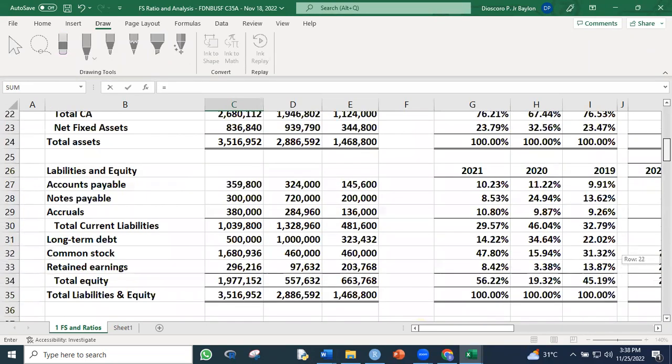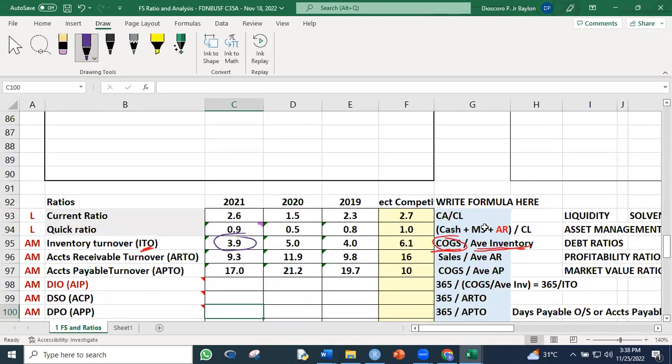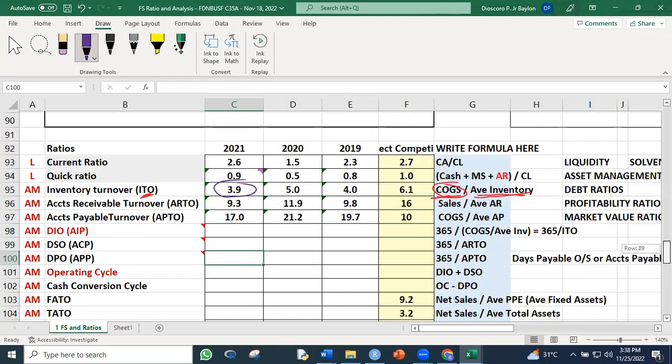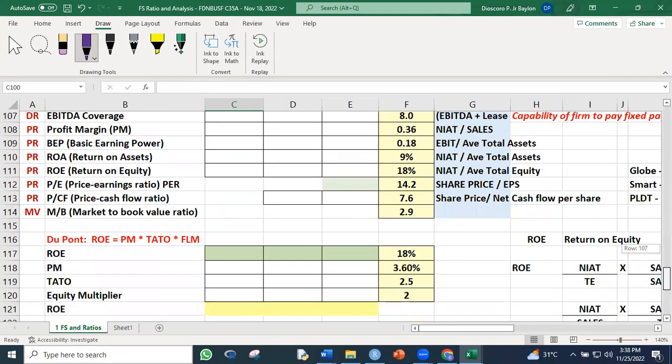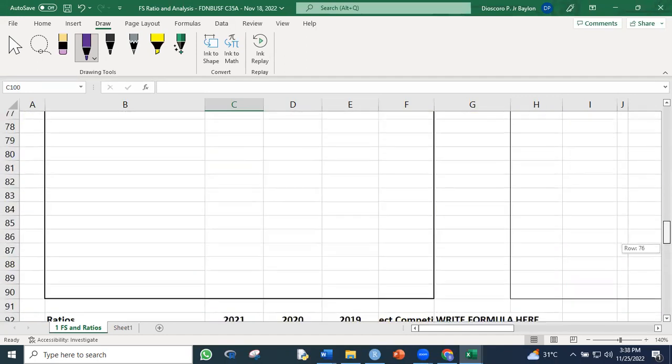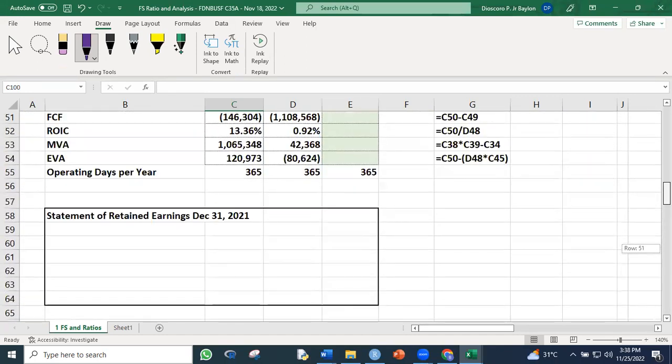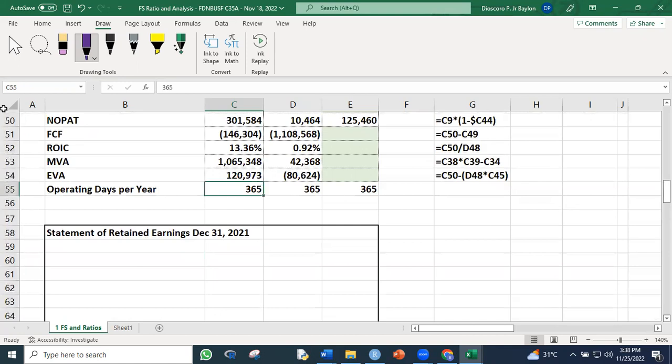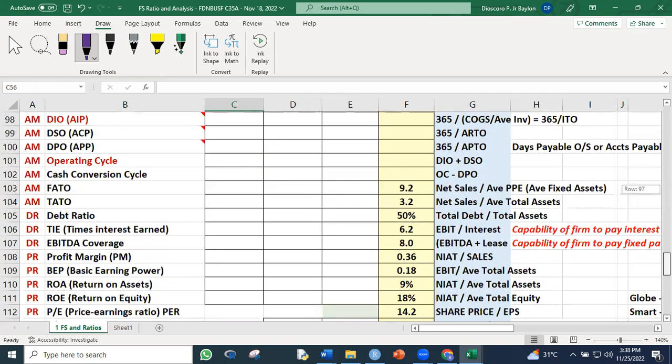Let's do this to make it a bit easier. Let's just give this a name, operating days, so that we can copy it below.